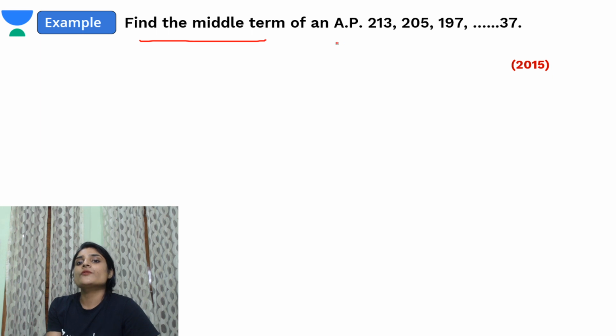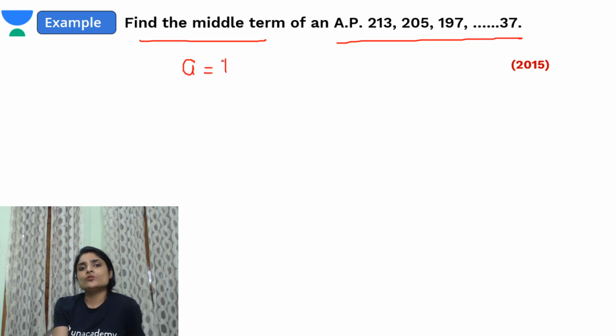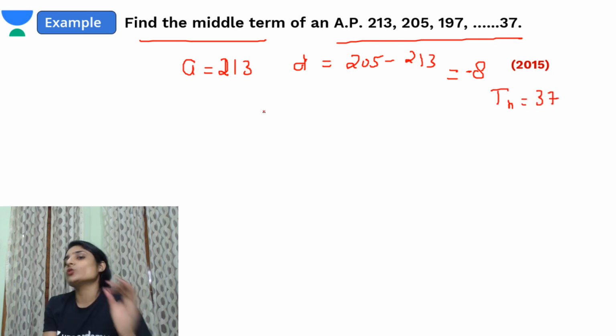Find the middle term of this AP. To calculate the middle term position, you need to find the total number of terms. So we all know a is equal to 213 and d will be 205 minus 213, that means minus 8. Okay, and your Tn will be 37. So just calculate the total number of terms.